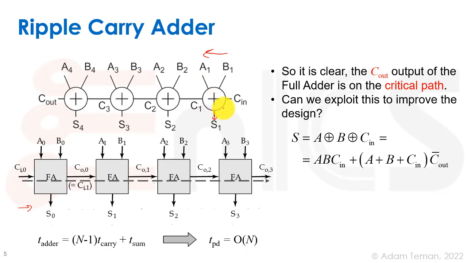That produces the first sum, and then we take the carry and ripple it over to the second full adder, which takes the inputs A2 and B2 of the two operands, adds them along with the Cin, counting the number of ones, and puts out the sum and the carry, and so forth.